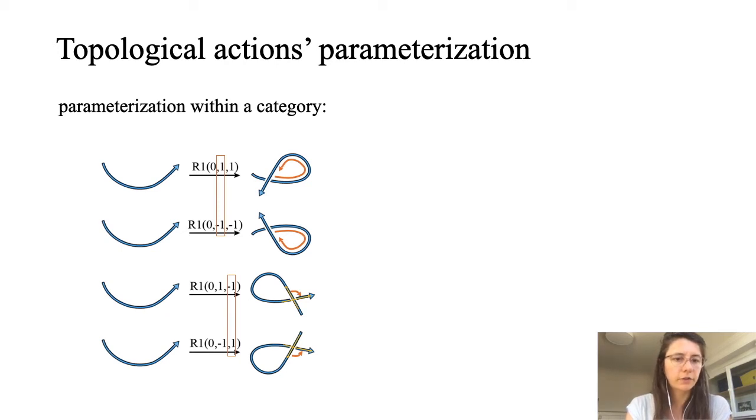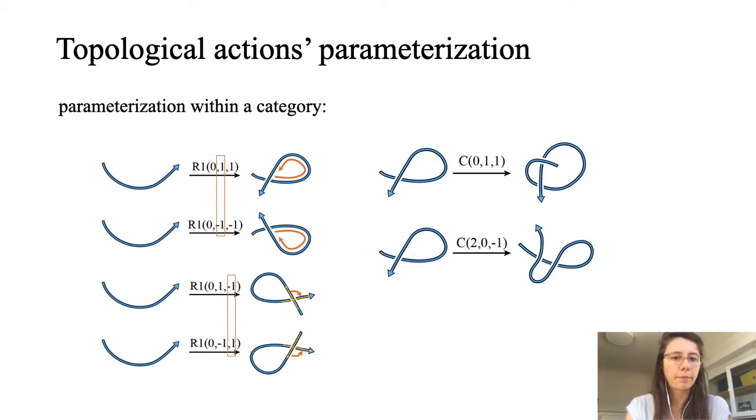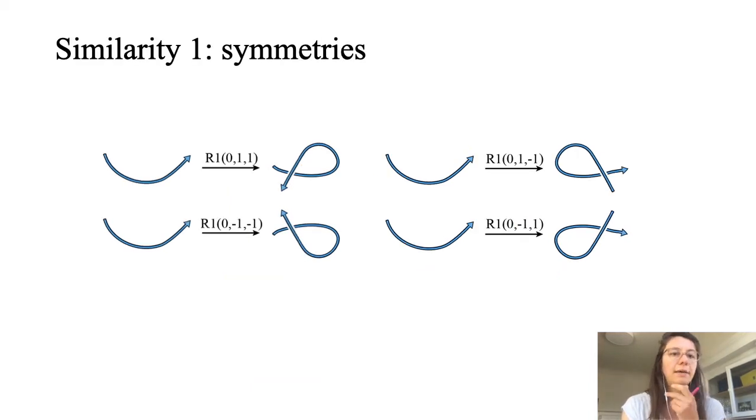The 2 actions on the right are both cross actions. The first 2 parameters index which segments are used to form the new intersection, and the third parameter is the sign of the new intersection. Okay, so these are the topological actions and their parameterizations. There are 2 types of similarities that we observed, which will simplify learning, or allow us to group different actions.